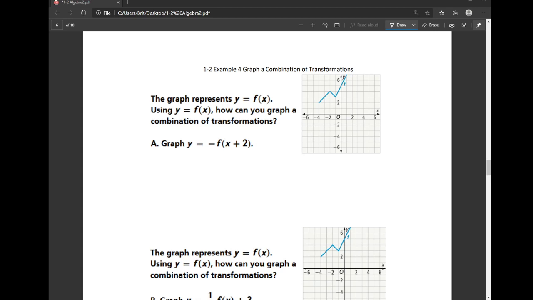So what we need to do when we think about a combination of transformations is we actually need to have a little order of operations for that combination, alright? So if ever we do a mixed set of transformations, like you see here in part A, there's a reflection and a translation, you need to first do any stretches or compressions.